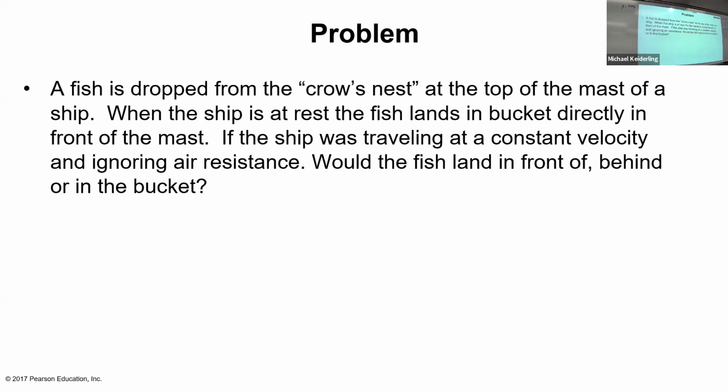And when the fish is dropped, it's immediately above the bucket, so it has the same x position and velocity in the x direction as the bucket. So does anybody think it will land in front of, behind, or in the bucket?